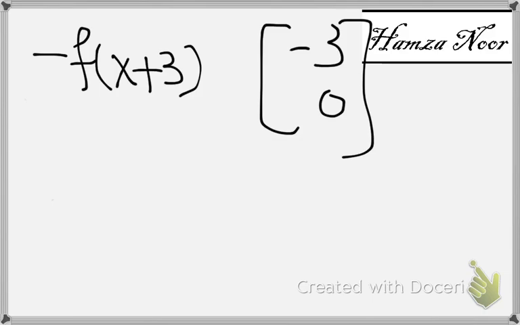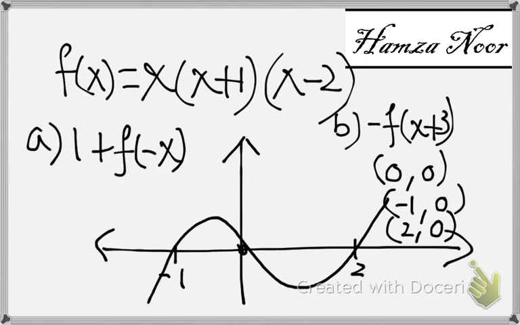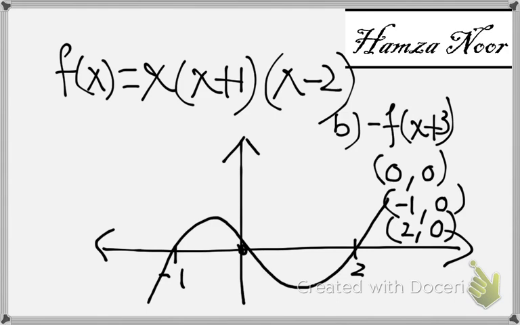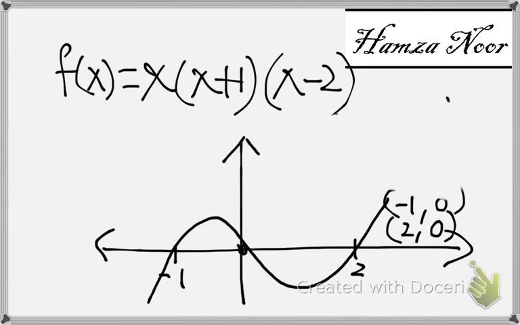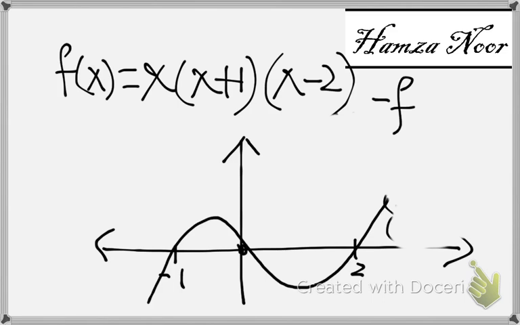What was the original graph? The original graph was basically like this. Let me erase the extra working over here. So -f(x + 3): first, horizontally translate this.